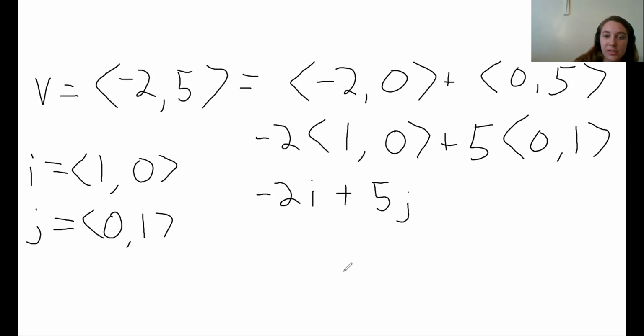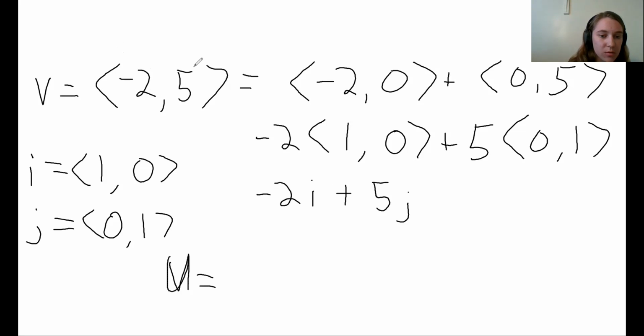And this is the linear combination form of the vector -2, 5. You don't have to go through all these steps to get there. You can just jump straight here: negative 2i plus 5j.